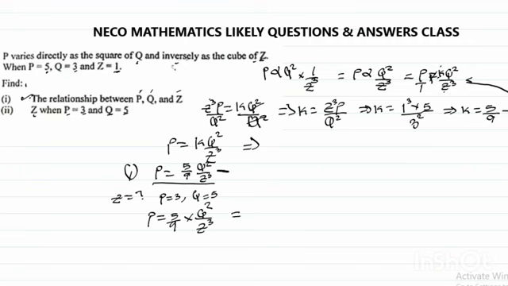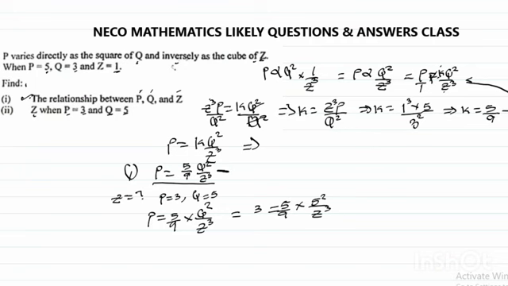So p is equal to 3, so we have 3 equals 5 divided by 9 multiplied by our q, which is 5, raised to the power of 2, divided by z raised to the power of 3.